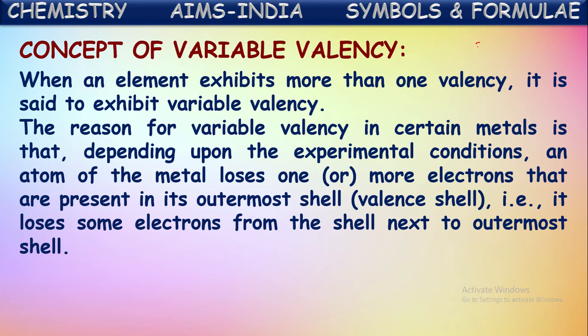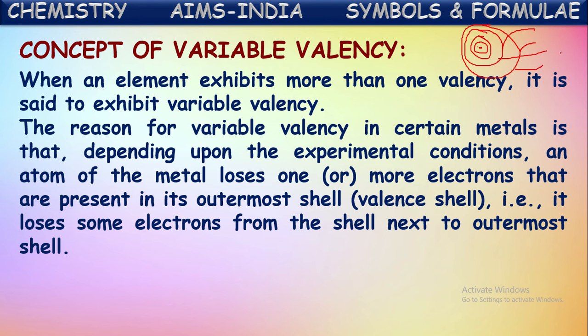Suppose we consider this is an atom with different shells. So that may have many electrons in all the shells. Some atoms in certain kinds of chemical reactions lose electrons only from the outer shell. Then they show a certain valency. In some other chemical reactions, along with the electrons from the outermost shell, they also release certain electrons from the last but one shell, that is called the next to outermost shell.